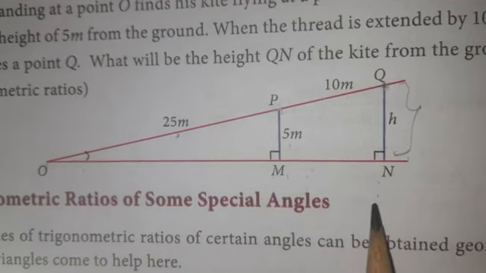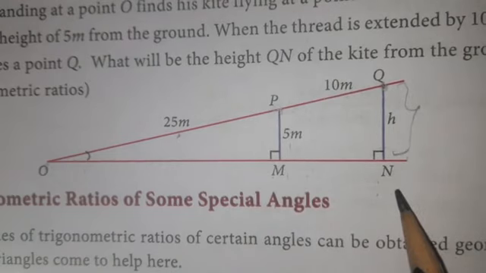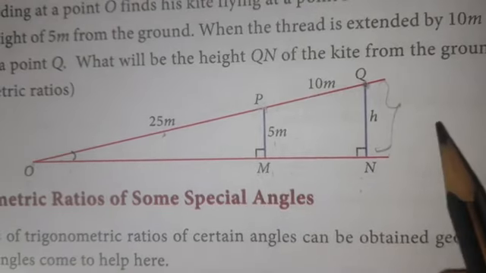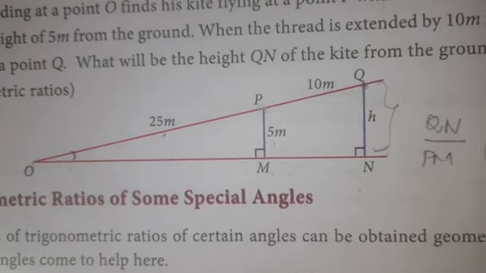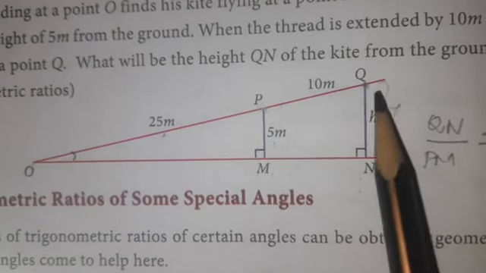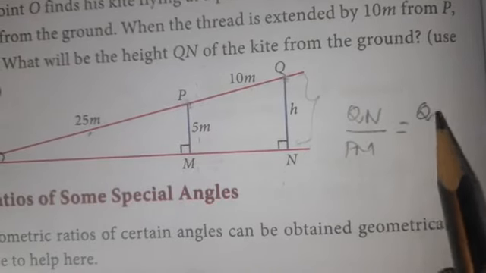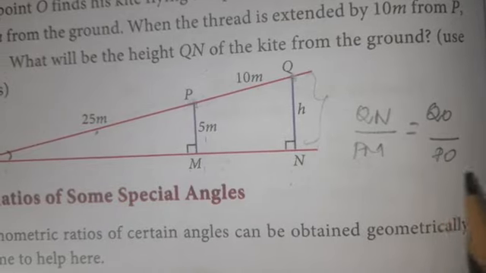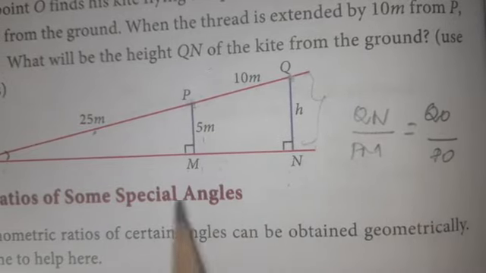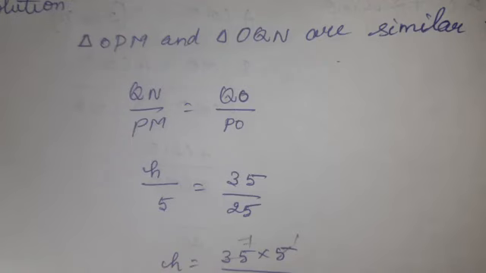So we can write QN divided by PM is equal to QO, the full distance, divided by PO. I wrote it like this because these two triangles are similar.